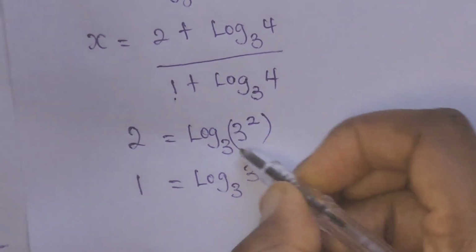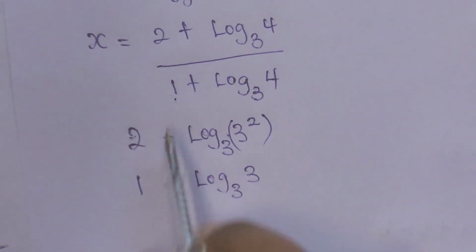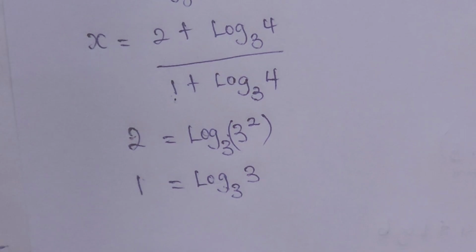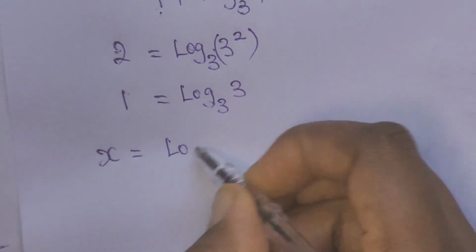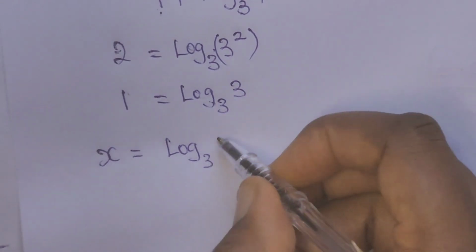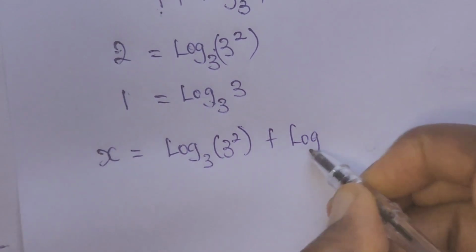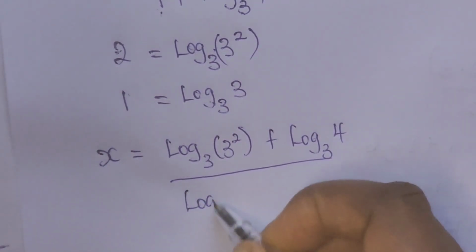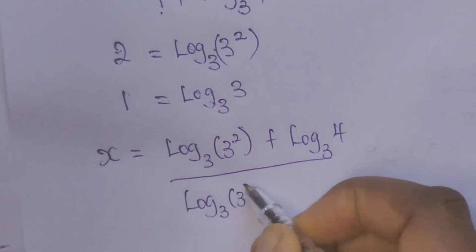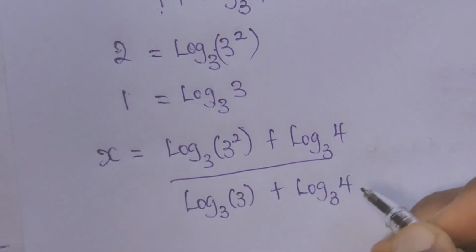So we'll be replacing this 2 with this, and we'll replace this 1 with this. So our x will be equal to log to base 3 of 3 to the power of 2 plus log to base 3 of 4, all over log to base 3 of 3 plus log to base 3 of 4.